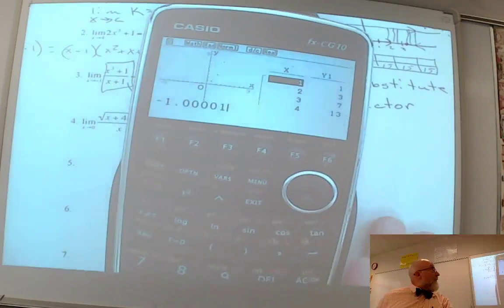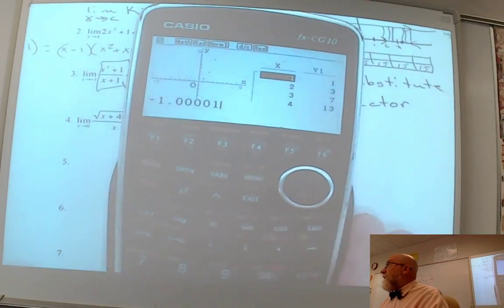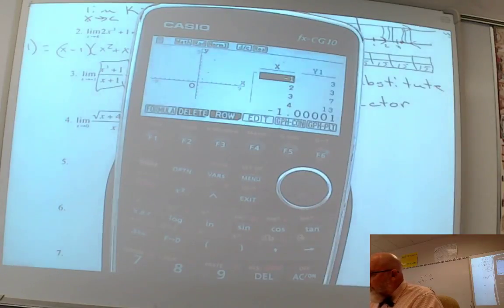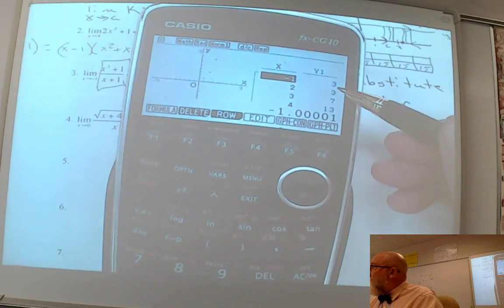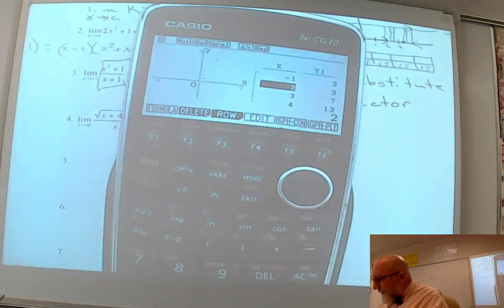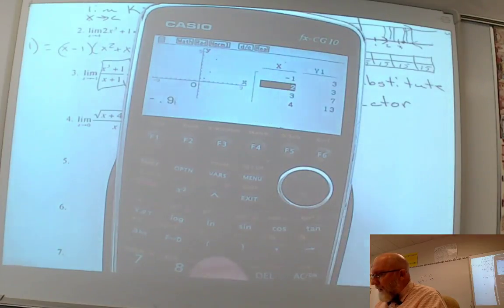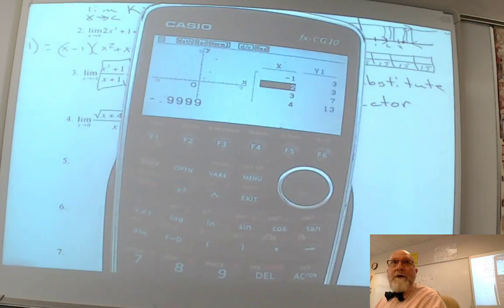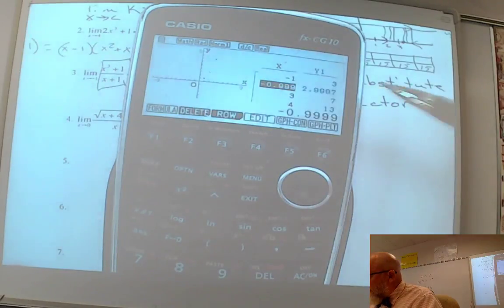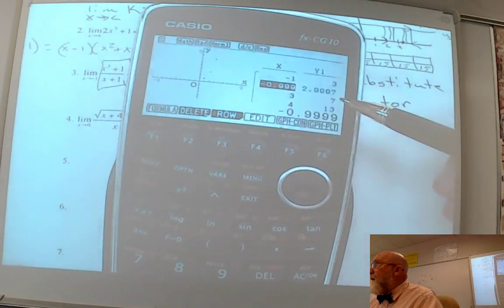I'm to the left of -1. See, I'm getting close to 3, aren't I? Now I'm going to put in -0.9999. I'm to the right of -1, correct? Ooh, I'm really close to 3, aren't I?